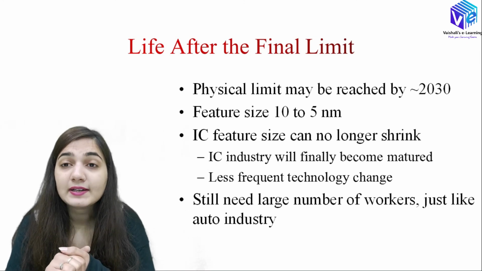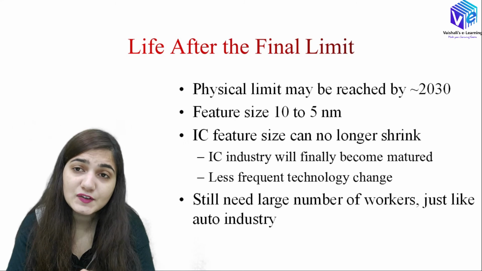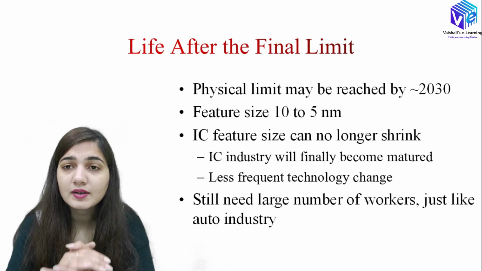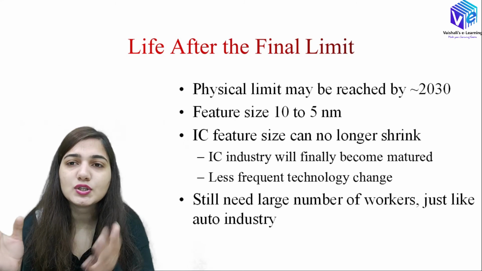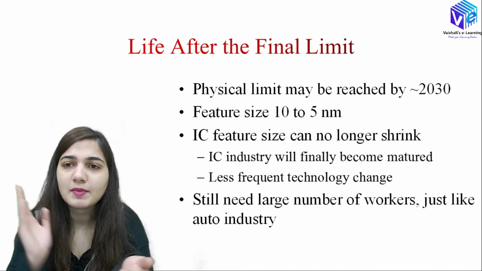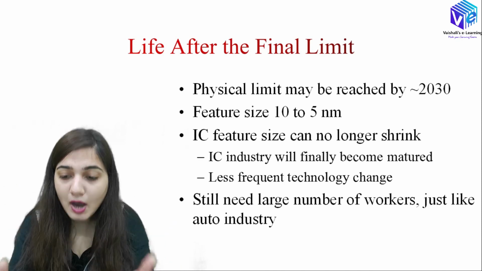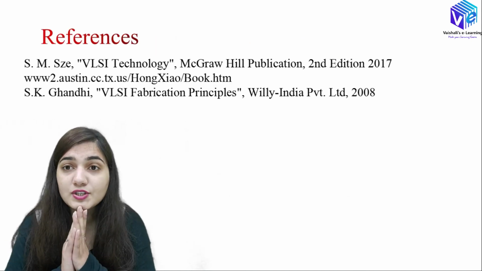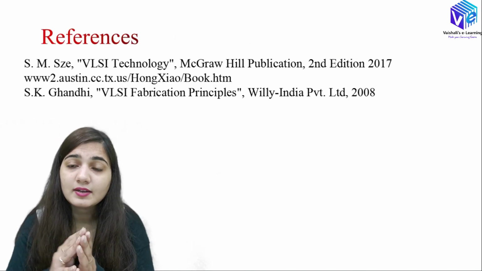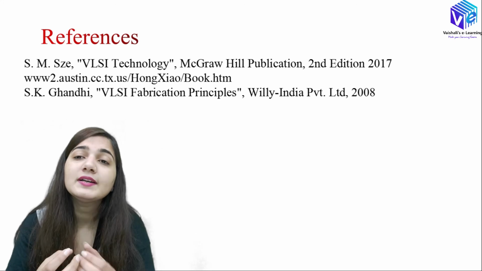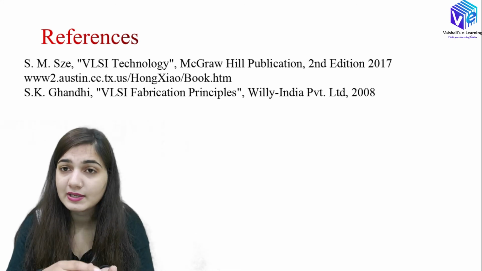So less frequent technology changes would be there. We know that we are changing technology, our processors are changing from i5 to i7 to i9 in such a short time, but now there will be less frequent technology change. So what does it mean? As of now, we are witnessing technology change in a very short time.